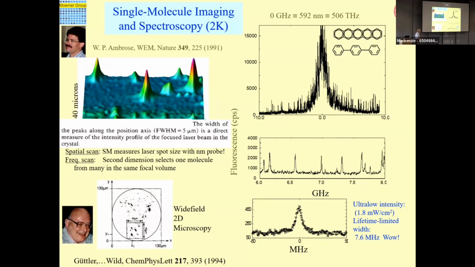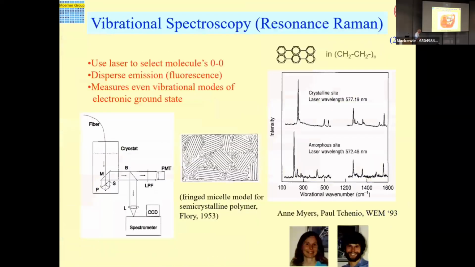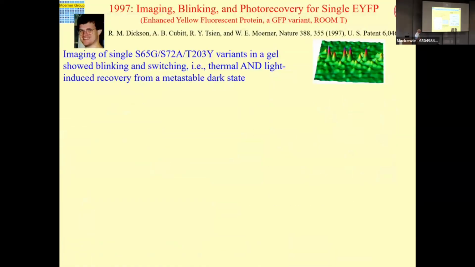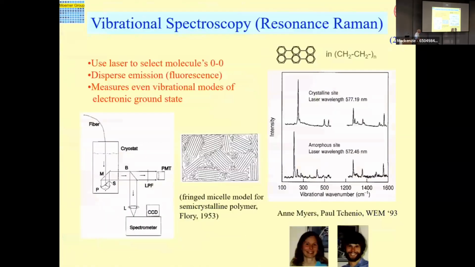I just want to emphasize one thing. Imagine that you tune in to one of these single molecules. You just set your laser at that frequency. And if you do that, then you can disperse the emitted fluorescence. And this is an example of doing the vibrational spectroscopy on that single molecule. We'll change the molecule, but that doesn't matter.